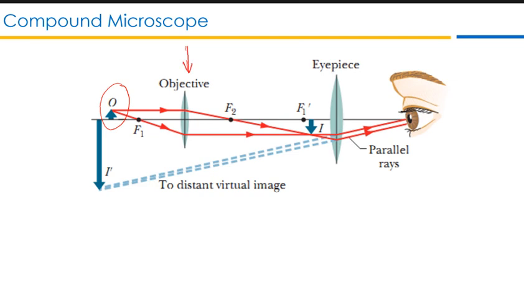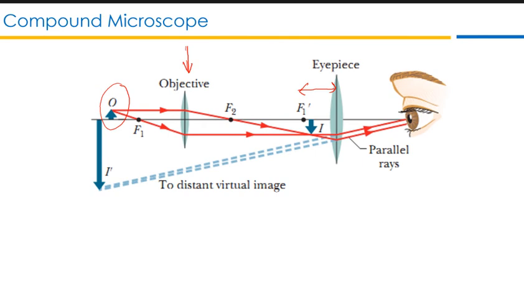It's closer to the object, and it makes a real inverted image closer to the eyepiece, but inside the focus of the eyepiece. So you can see this makes again a magnification because this is inside the focal length of the eyepiece.